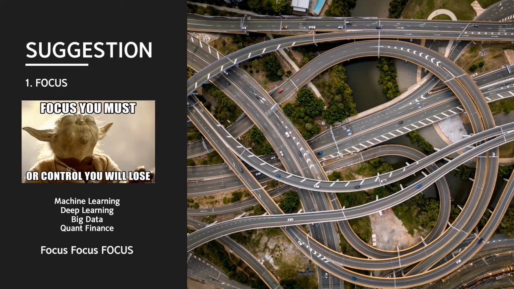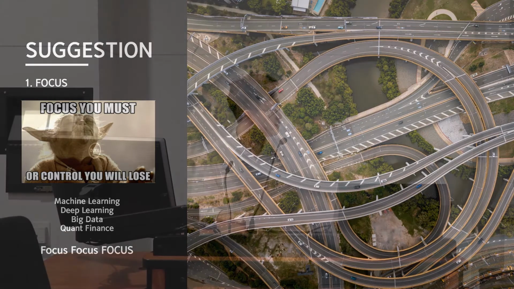I also tried to learn more about big data. I don't think I would be a data engineer, but I felt very interested in big data because of the Hadoop ecosystem, like Spark or Scala, something like that. So I tried to learn more about them. And then I went to the quant finance area because it looks fancy, right? It's algorithmic trading.